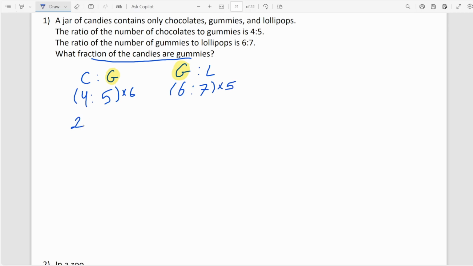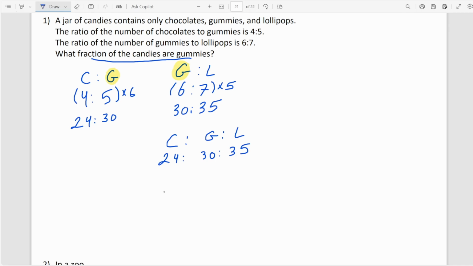This gives us 24 and 30. And over here we get 30 and 35. Now I can go ahead and write a ratio between chocolate, gummies, and lollipops, which will be 24, 30, and 35.